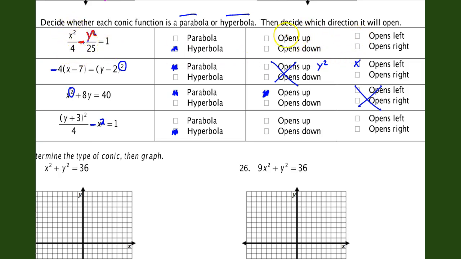Remember, with a hyperbola you have two choices with a graph: it can either open up and down, or it can open left and right. So we're looking to find out which one. Is it up, down, or left, right? Since the x is positive here, it's going to be opening in the x-ward direction, so it's going to open left and right.